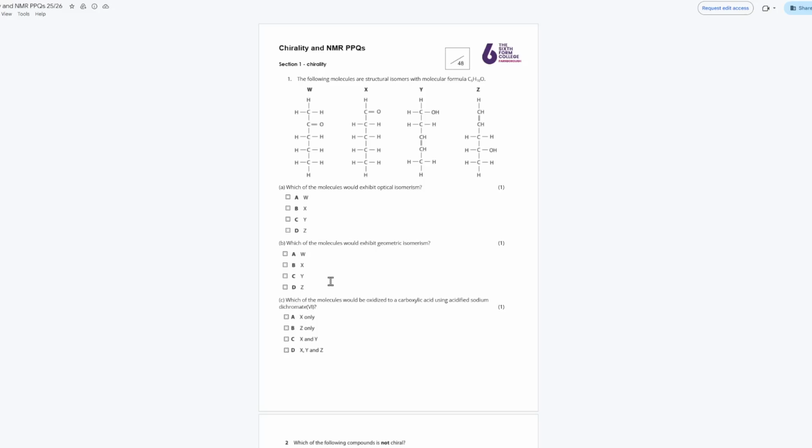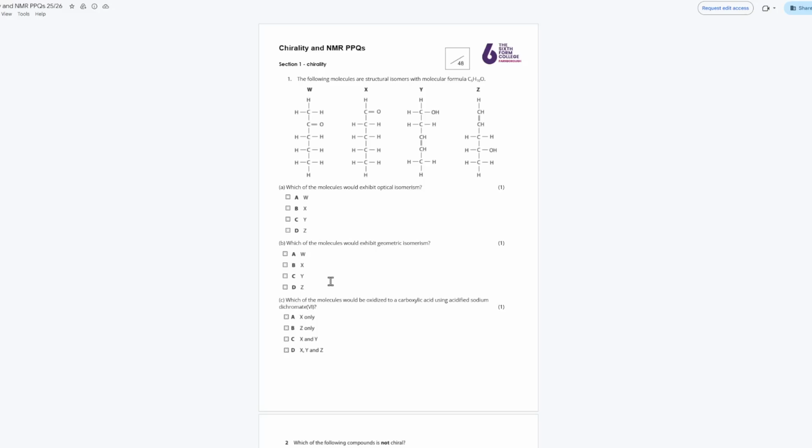Let's look. Z only then. I mean, it can't be X, because it's not an alcohol. It can't be X and Y because X isn't an alcohol. It can't be X, Y, and Z because X isn't an alcohol. Right? Oh no. It is an aldehyde.